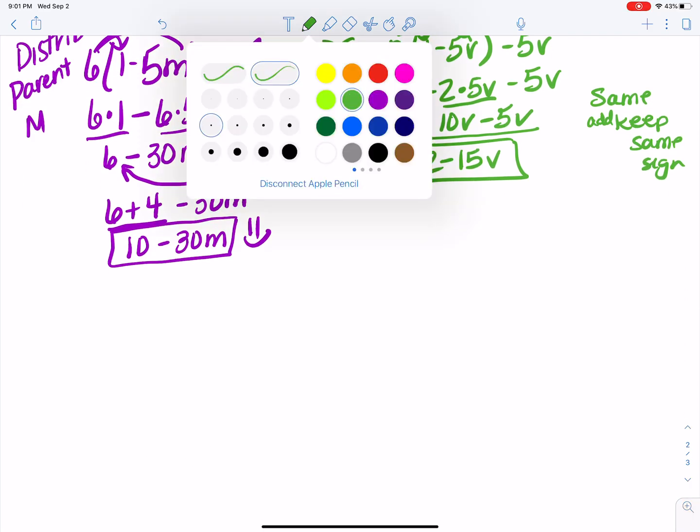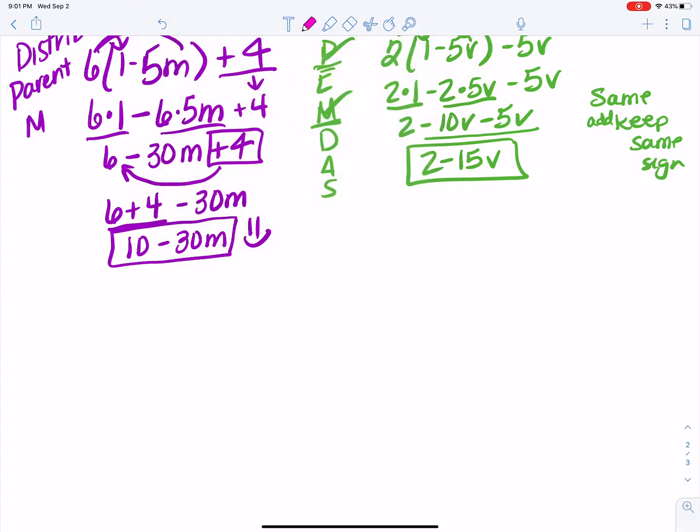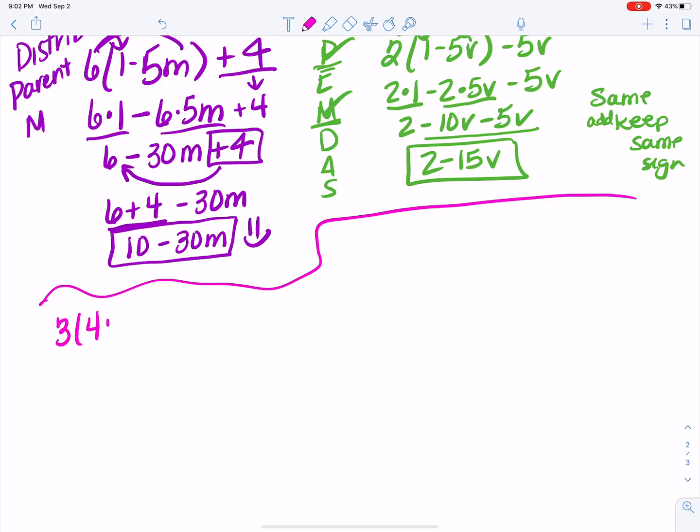Change color because I can. Next will be 3 times 4 plus 3r, minus 10. Distribute first. 3 times 4 plus 3 times 3r.